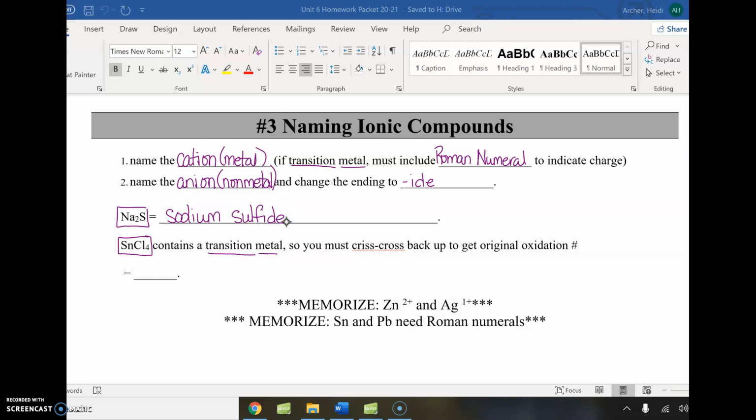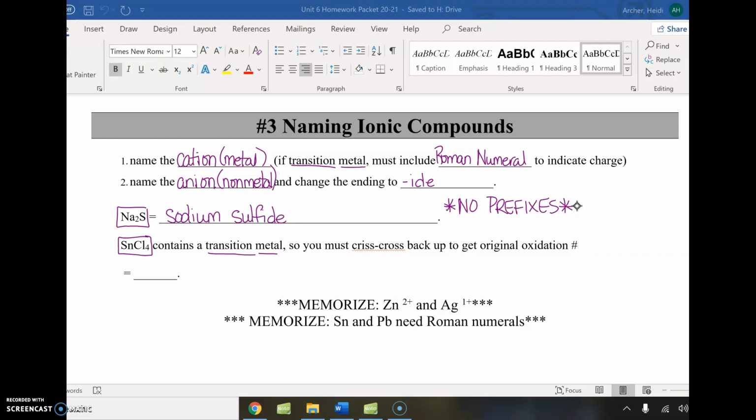And that's it. Notice that there are no prefixes anywhere in sight because we are dealing with ionic now and not covalent. So we left our prefixes with the covalent conversation.